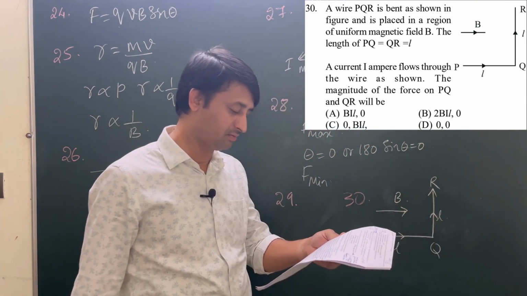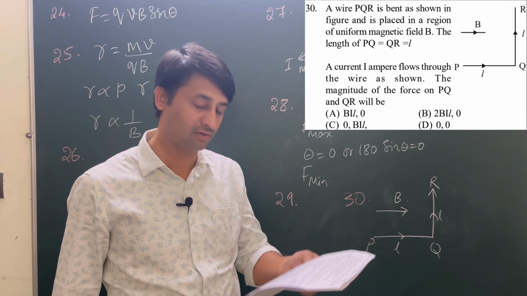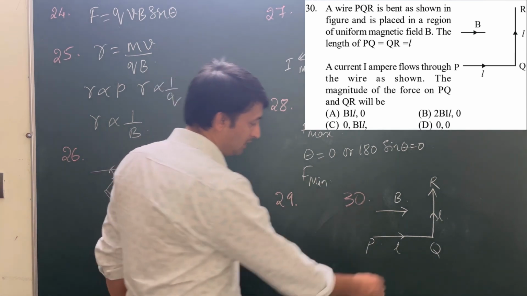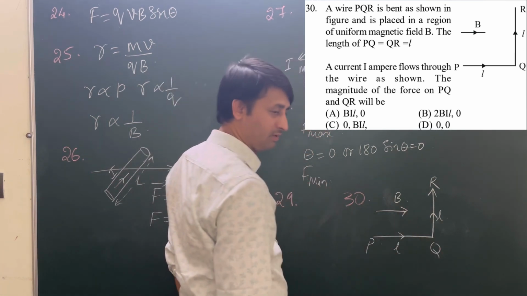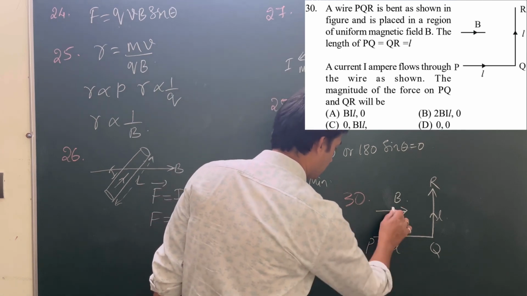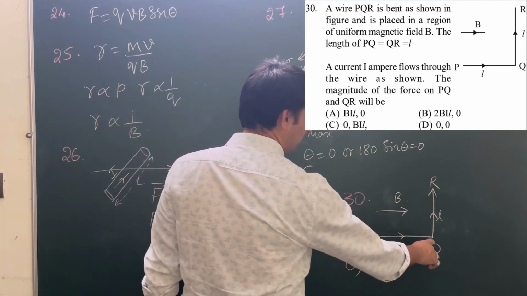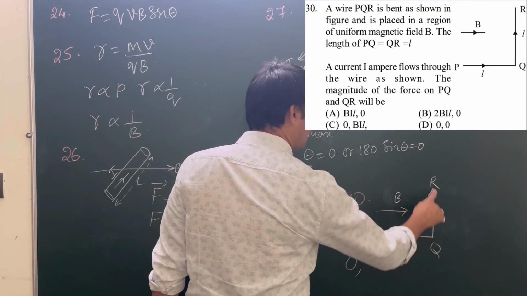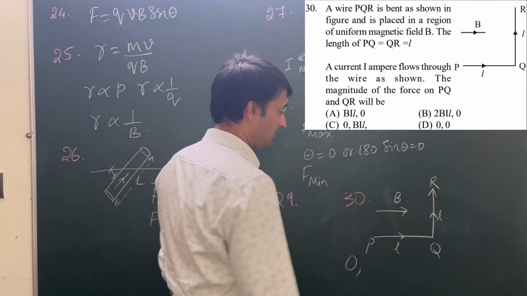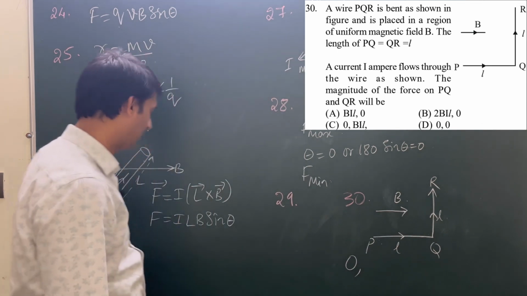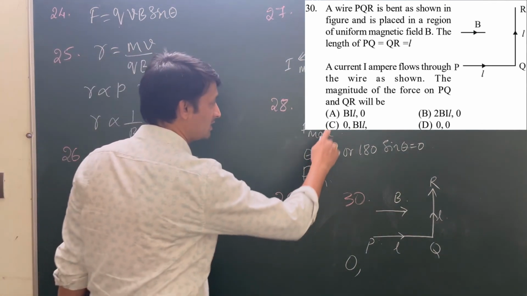The magnitude of the force on PQ and QR will be. Here PQ is parallel to the magnetic field, so the force acting on it will be equal to 0. Similarly, QR is perpendicular to the magnetic field. When QR is perpendicular to the magnetic field, theta value is equal to 90.